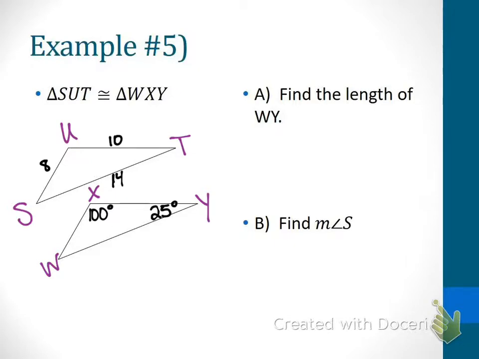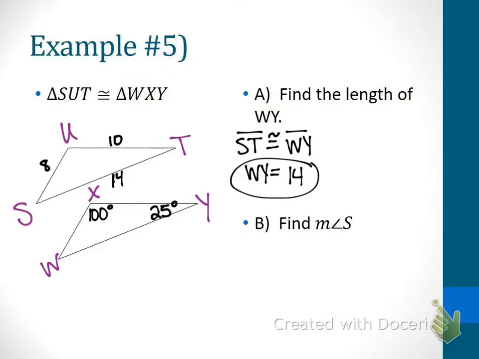ST. So if you want to show the reasoning through this, ST is congruent to WY. ST first and last letter, WY first and last letter. So, knowing that, then the length of WY better be 14, because that was the length of ST. Questions about how we thought through that one?